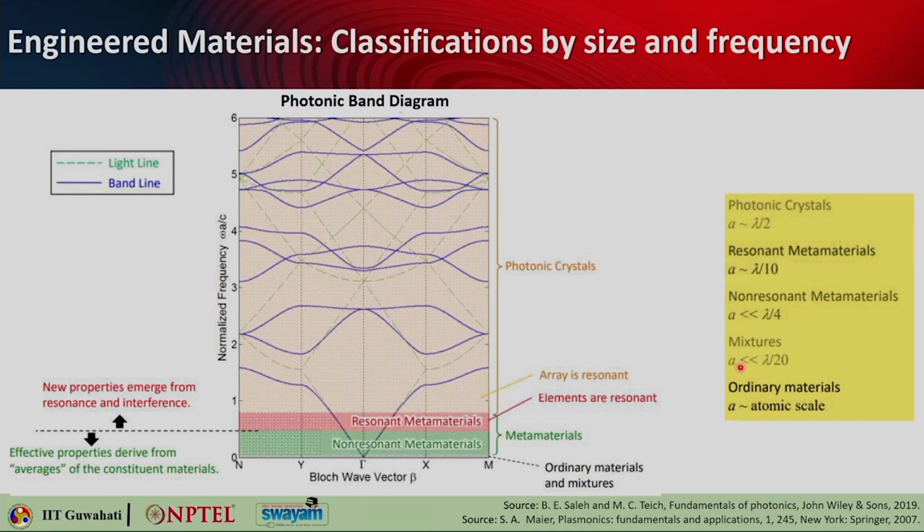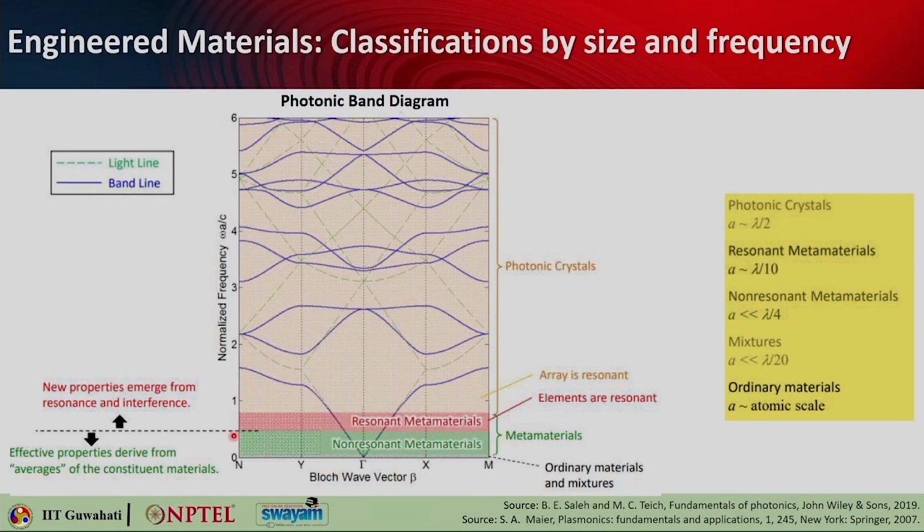Mixtures are much smaller than lambda by 20. What is lambda? Lambda is the wavelength of the interacting light. So along this y axis, you have ordinary materials and mixtures.